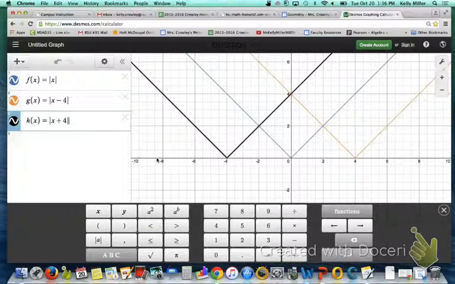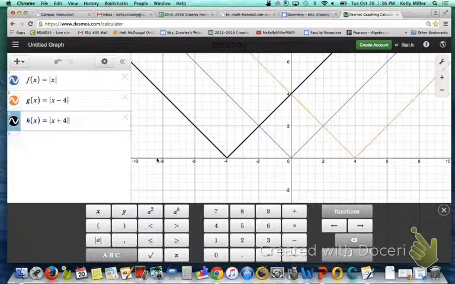Okay, so the same thing works for absolute value. If I have my normal absolute value of x right in the middle, if I add a -4 inside, it's going to shift it to the right 4 units. If I have a +4 inside, it's going to shift it to the left.